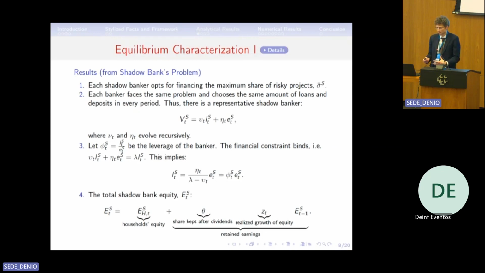This is the incentive compatibility constraint, the same as in Gertler and Karadi. The difference here is that since households solve a portfolio allocation problem, equity is composed of two components, and the first component supplied by households is endogenous in this framework, compared to what Gertler and Karadi have in their framework.